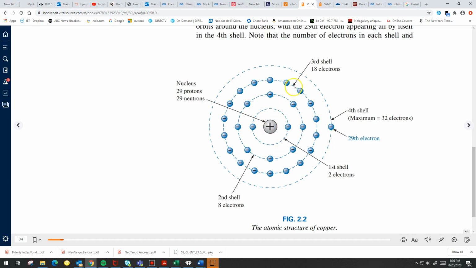The fact that these electrons can be moved easier is what's going to make current work, because current, as we'll see, is the movement of electrons.